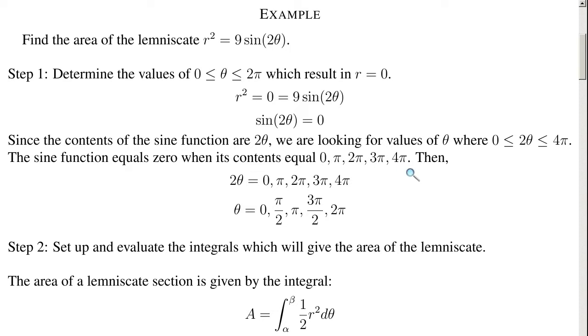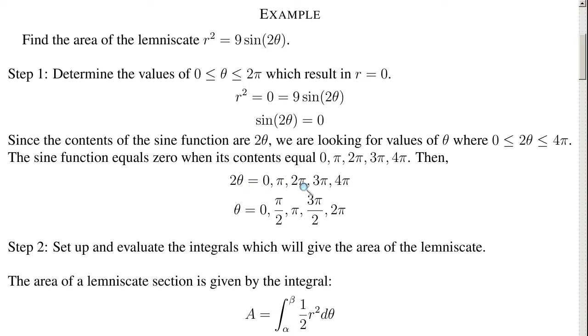Same when the angle is pi, the sine of pi equals 0, the sine of 2 pi equals 0, the sine of 3 pi equals 0, and the sine of 4 pi equals 0. And actually every single pi from then on out, but we're only going up to 4 pi. So there are our values. Once again, 2 theta equals 0, pi, 2 pi, 3 pi, 4 pi.